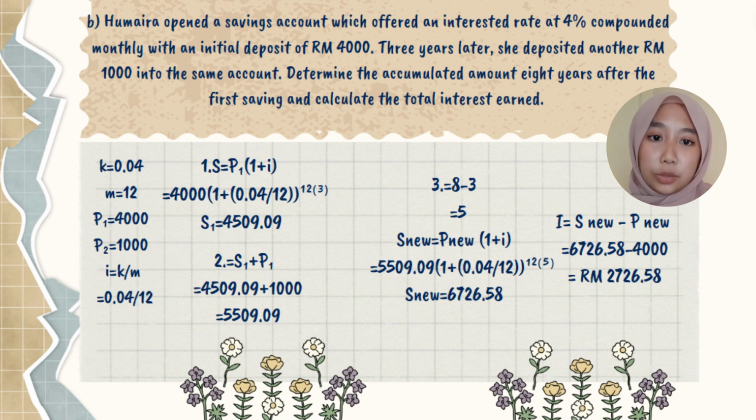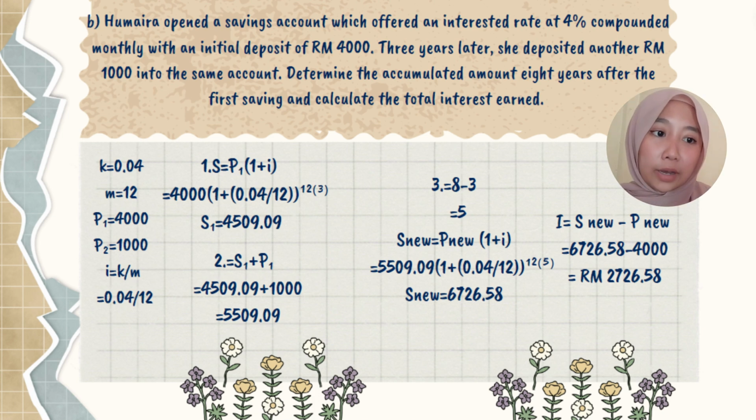Then to find S new, we use the formula P new in bracket 1 plus I. For P new, 5509.09 in bracket 1 plus 0.04 divided by 12 to the power of 12 multiplied by 5. So the answer for S new equals 6726.58.